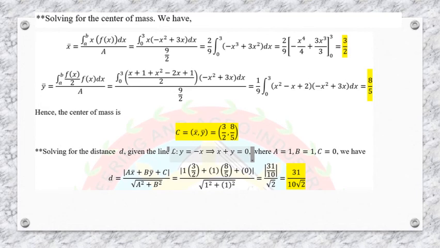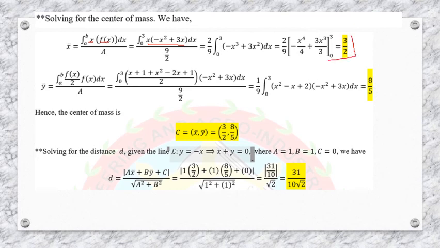This is the formula for the vertical rectangle. x is still x. And f of x is the height of the rectangle, negative x squared plus 3x, and then dx, and the area is 9 over 2. So we have 2 over 9 times the integral of negative x cubed plus 3x squared dx, evaluated from 0 to 3. So we have 3 over 2 as our x bar.